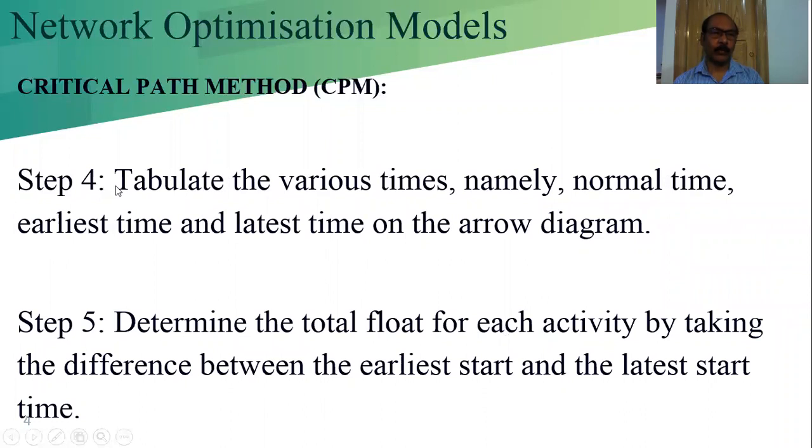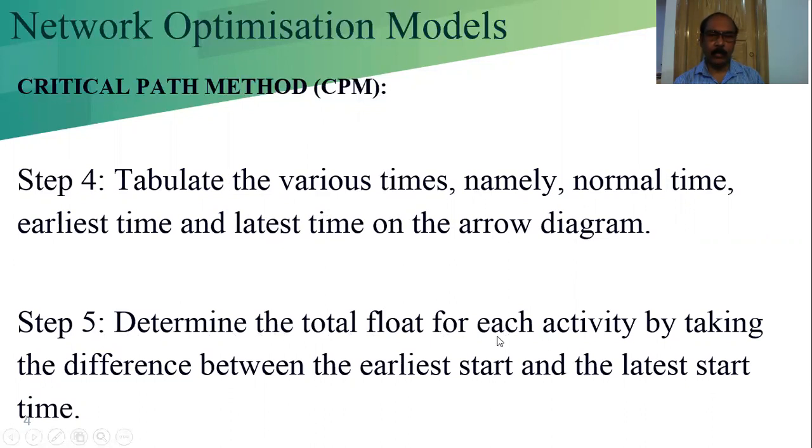Step 4, tabulate the various times, namely the normal time, earliest time and the latest time on the arrow diagram. Normally we write the normal finishing time, that is the expected time of finishing for the activity, and we also write the times above the event in two rectangles combined in one rectangle: the E value and the L value.